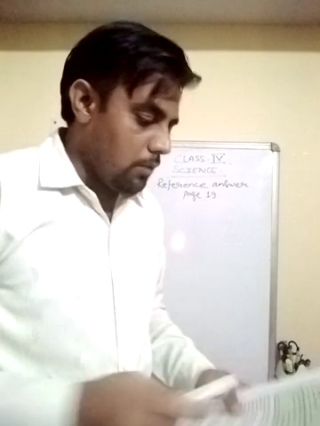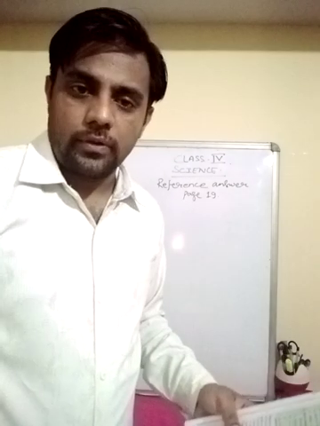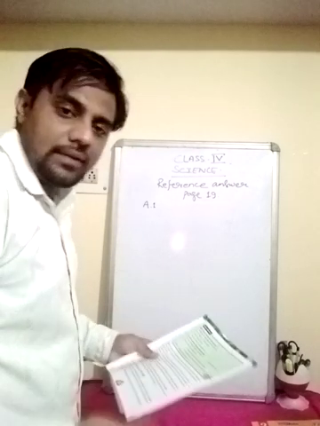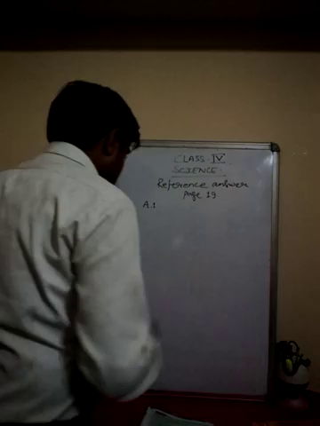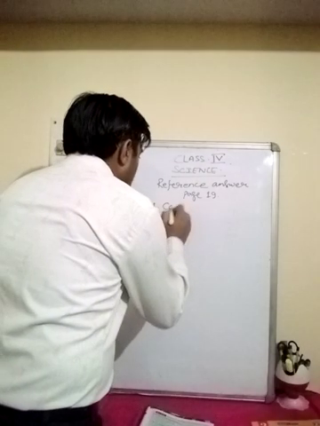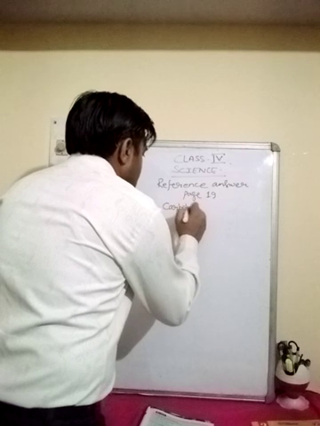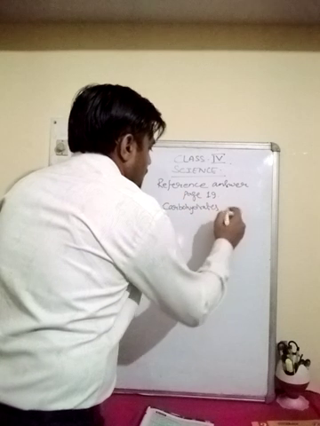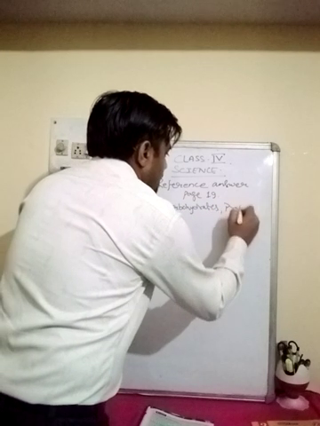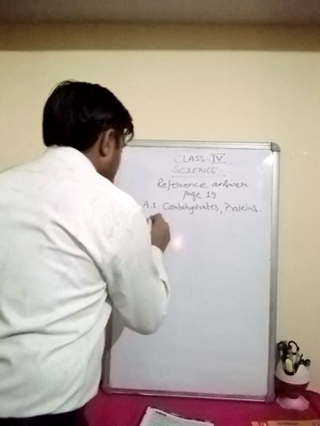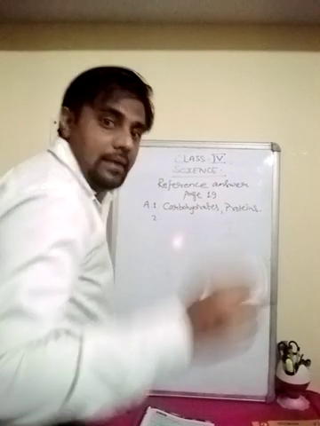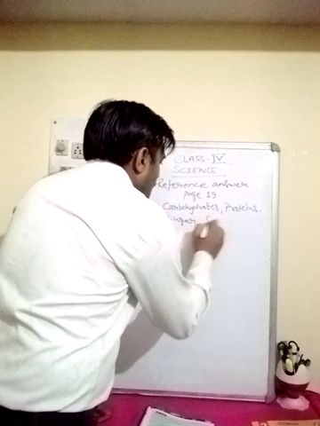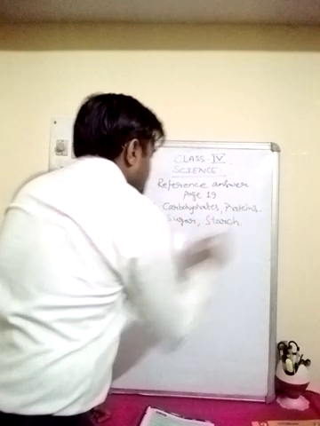Okay, your question A was: give two examples for the following. So we'll be giving two examples here. Number one, essential substances that food contains: carbohydrates and proteins. Then number two, main types of carbohydrates: sugar and starch.